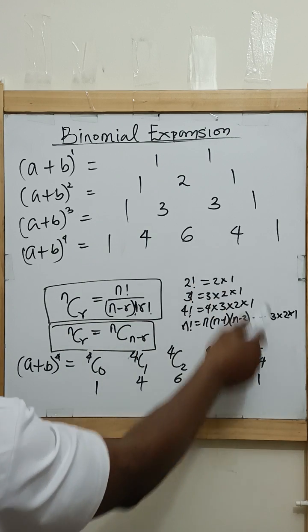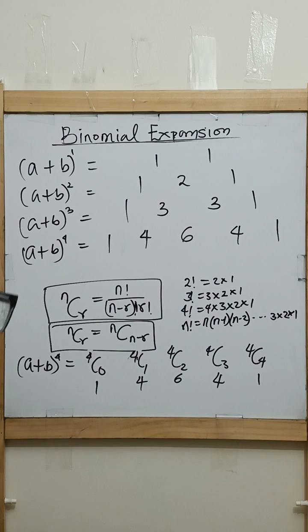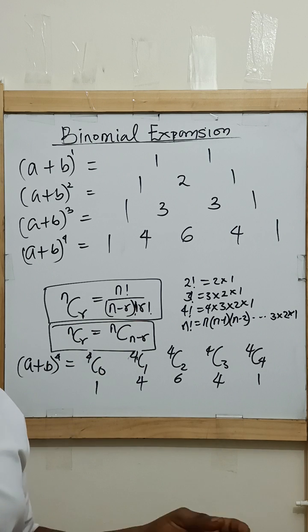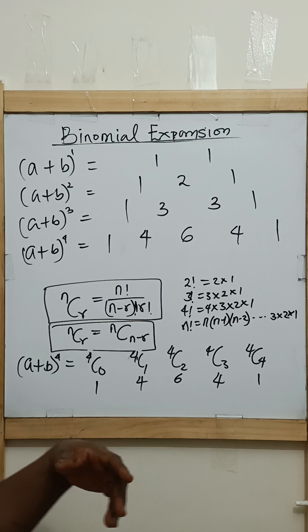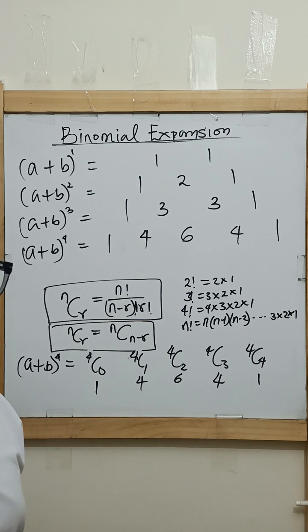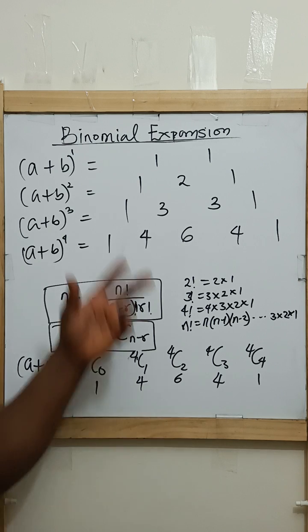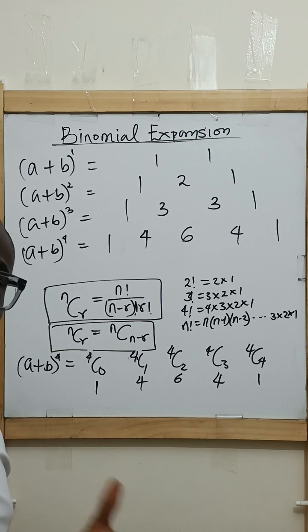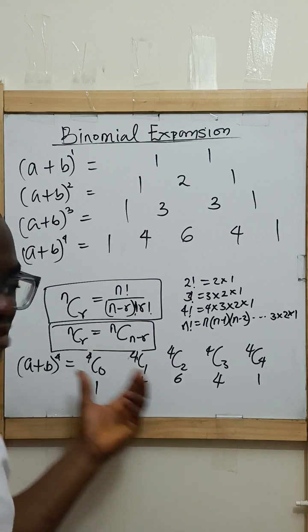So it shows that we can easily represent the coefficients using combination instead of using Pascal triangle. For instance, if we want n to be perhaps 20 or 40 or whatever number, will we continue to use Pascal triangle up to 40? No. Instead we can simply use the combination.